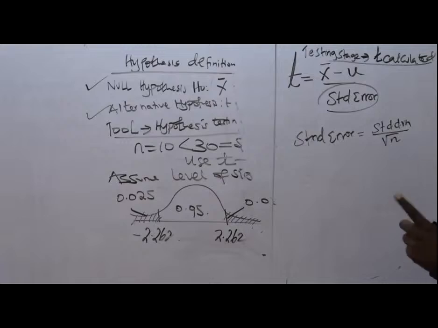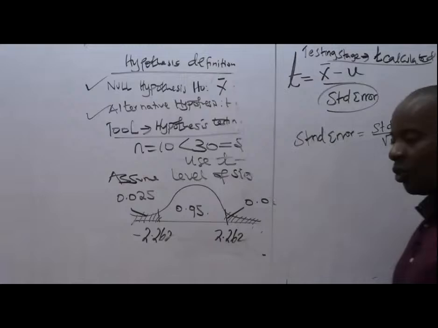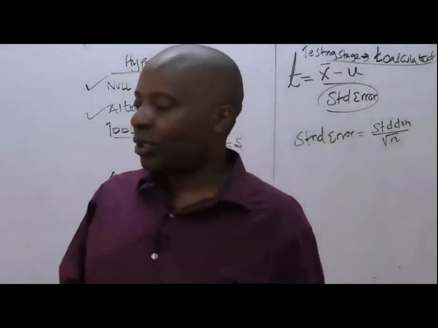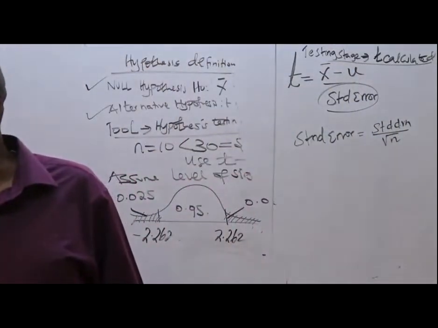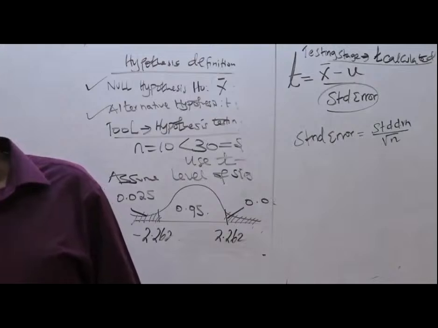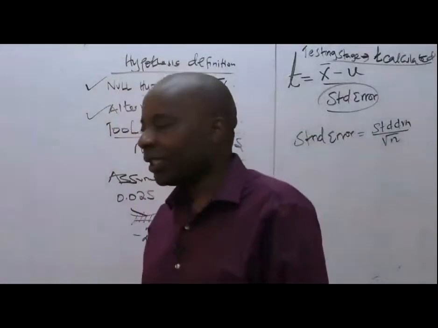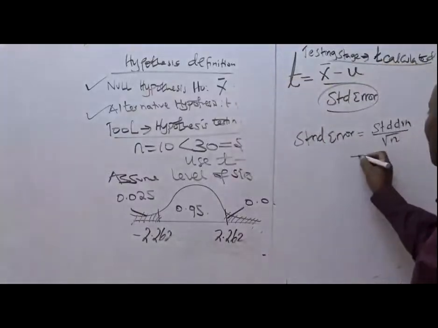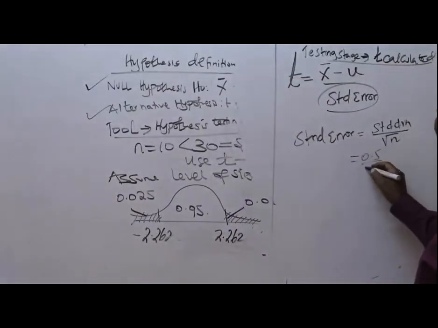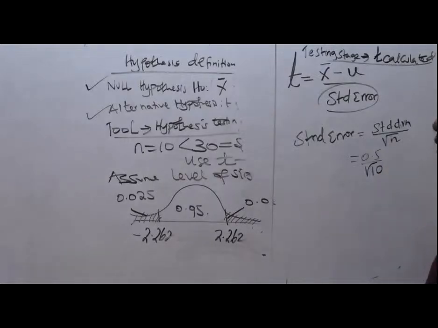So do we have a standard deviation in this question? If you look at this question very well, they have given us a standard deviation of 0.5. And of course, n is 10. So we have the standard deviation of 0.5 over root n, which is 10. So 0.5 divided by root 10.